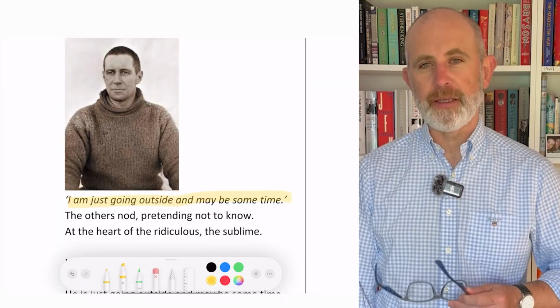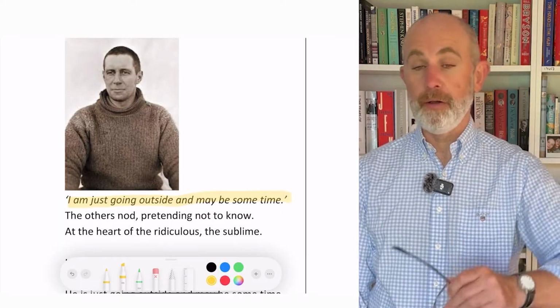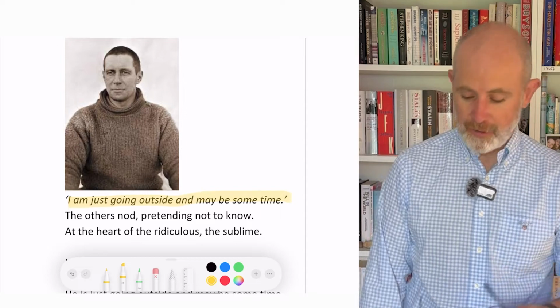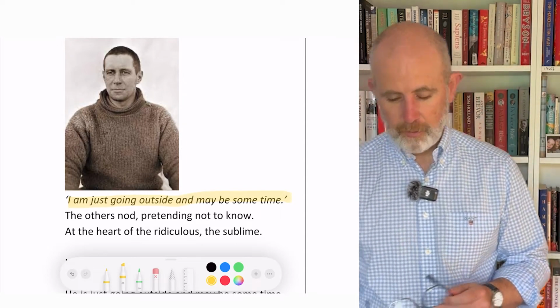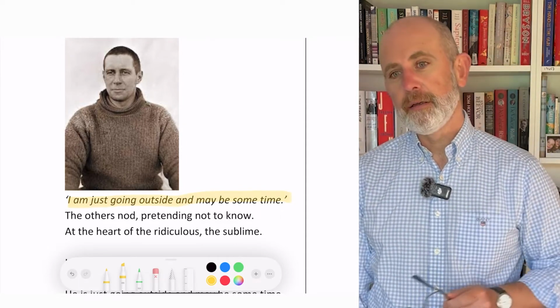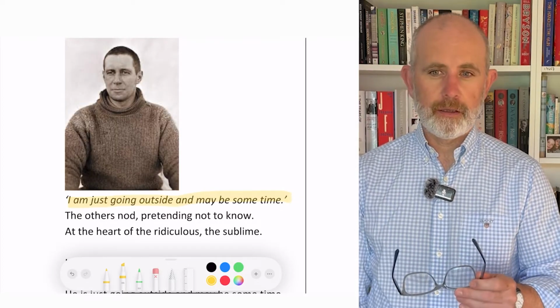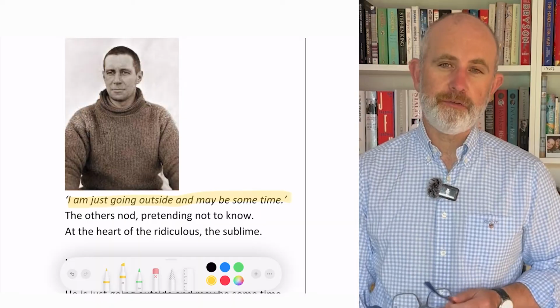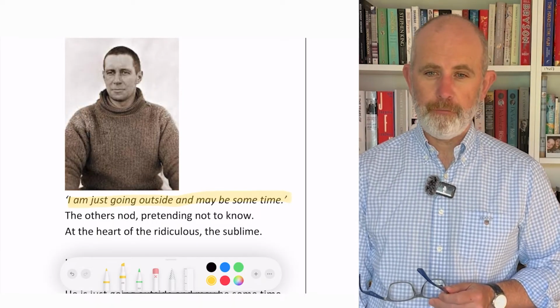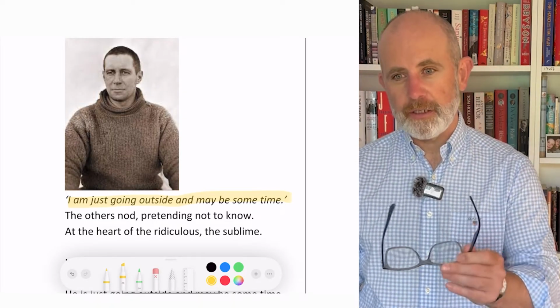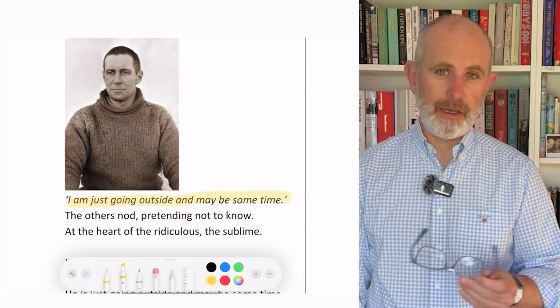He was crippled by his conditioning. So all he could say was, "I'm going outside, chaps, and I may be some time." Like Bruce Ismay after the Titanic, Lawrence Oates was a figure of ridicule, judged harshly by other people and by later generations.